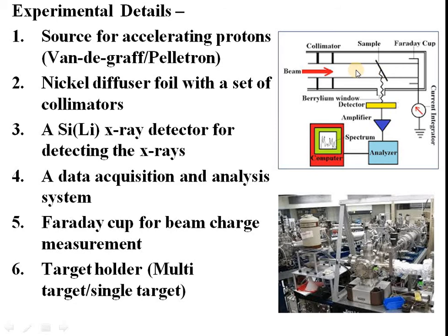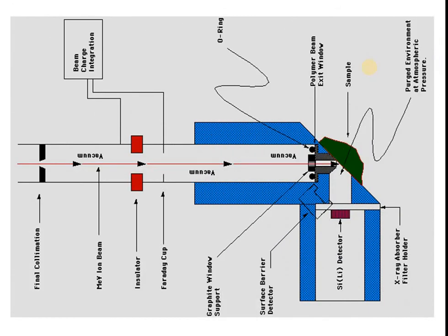In a single shot, you can analyze a number of samples together. That is why we prefer multi-targets. The entire setup has to be maintained at a very ultra low vacuum condition, usually achieved with a turbomolecular pump or a diffusion pump along with a rotary pump.